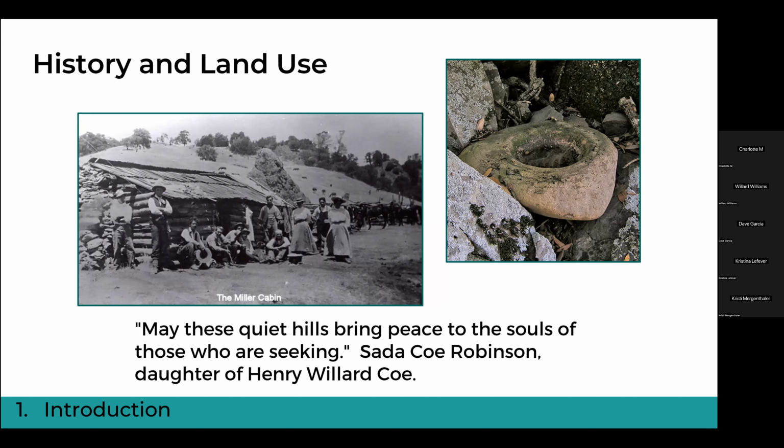They planted orchard trees, and there were also some mining operations within the park. And then in 1935, the daughter of the very prominent Henry Willard Coe, rancher in this region of the state, donated the first plot of land to California, specifically to give those who live in the Bay Area an area of refuge and reflection from the busy city life.